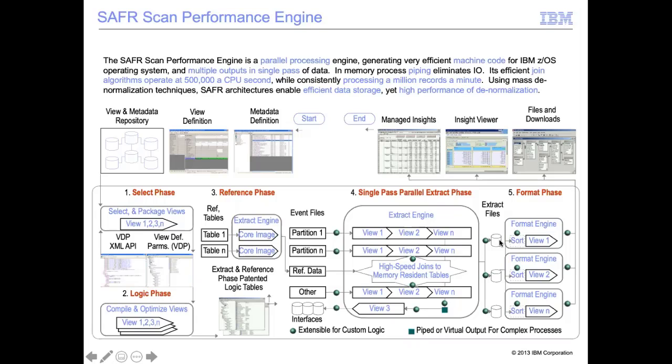The other point that I want to make here is that these green little balls on this chart are API points in GenevaERS where you can drop out to custom code if there's something that GenevaERS doesn't do. For example, GenevaERS doesn't do statistical calculations. It only does basic arithmetic operations. But you could use this API point here between the view and the high-speed reference data.